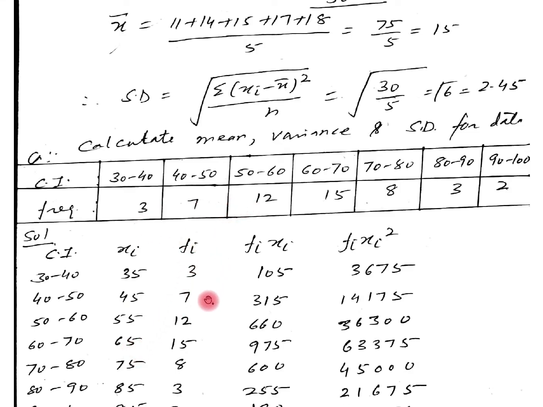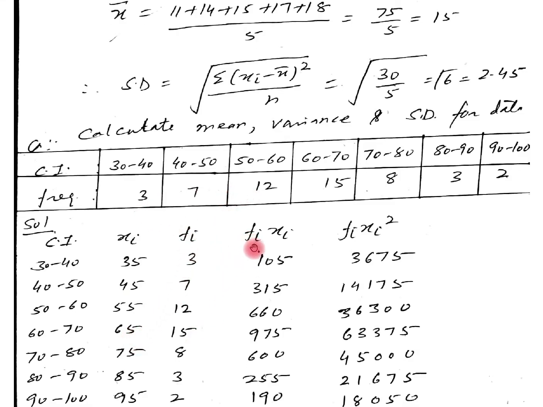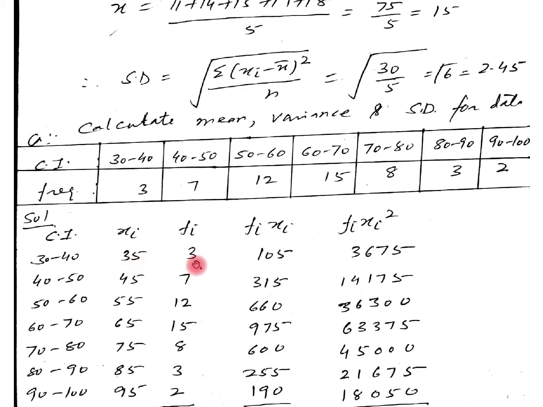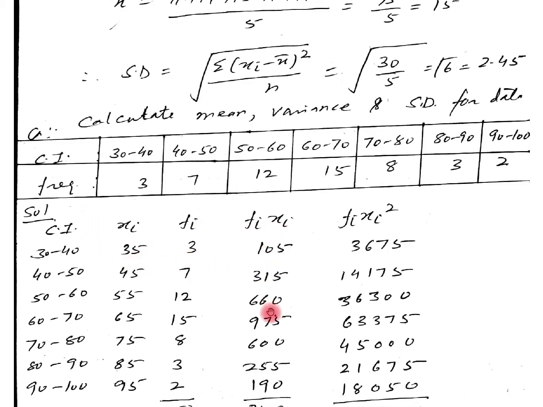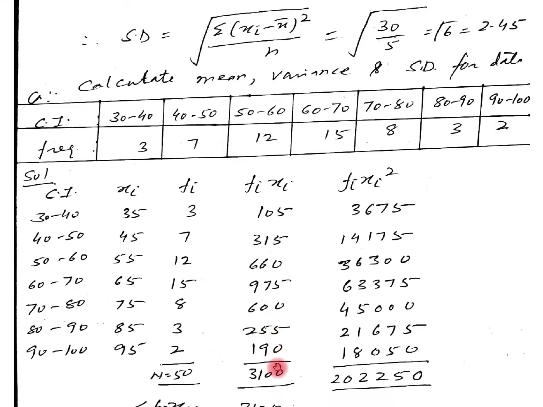Fi is given in the question. Then we can make the column Fi into xi. Multiplying these two columns, we get all these values. Then the third column, we have to make Fi xi square. It means we have to multiply this column again by xi. Sometimes the students get scared by this, that will be wrong, because we have to find Fi xi square.